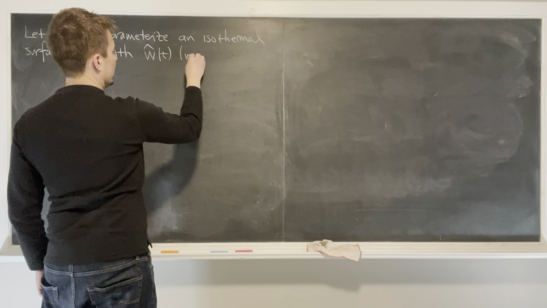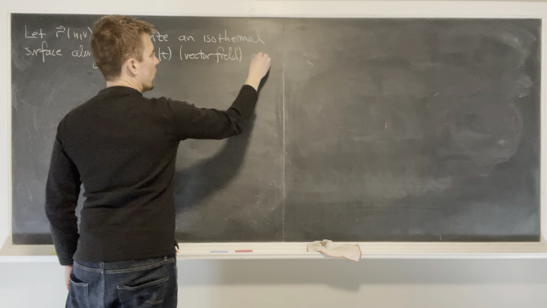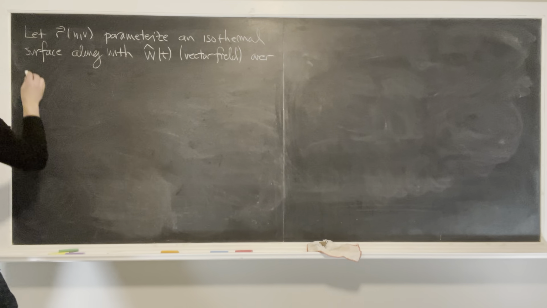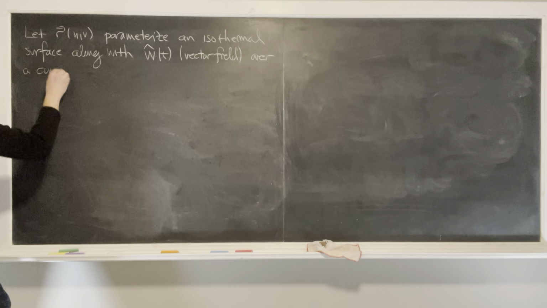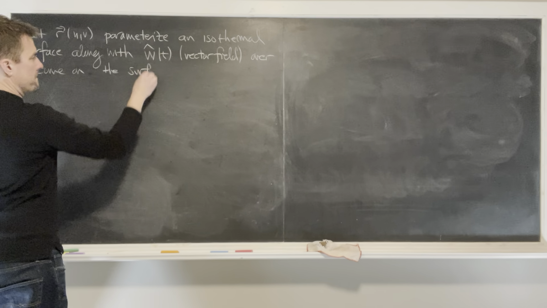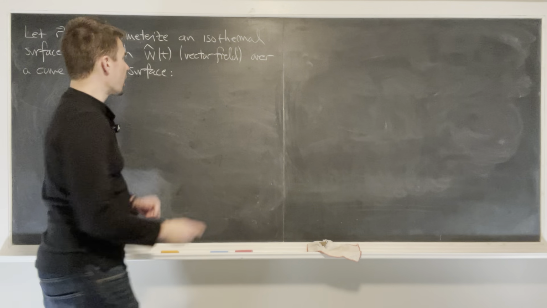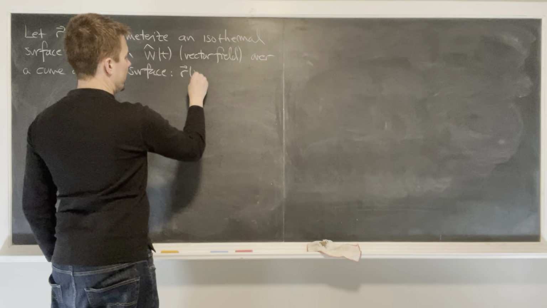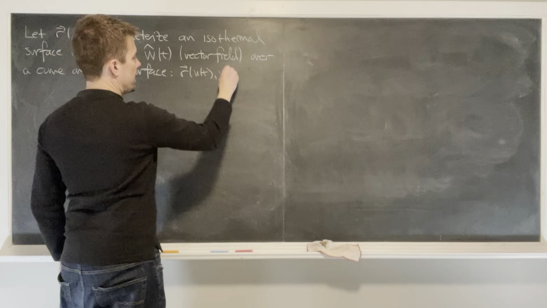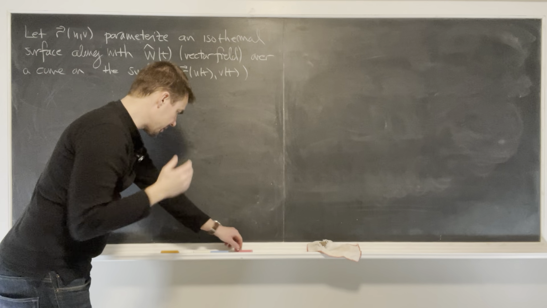This is a vector field over a curve on the surface. So the curve on the surface looks like what? It looks like R of U of t, V of t, like so. Then we have the following result.